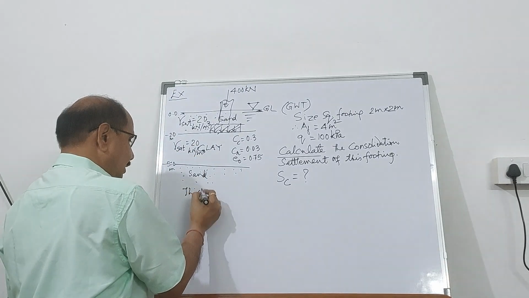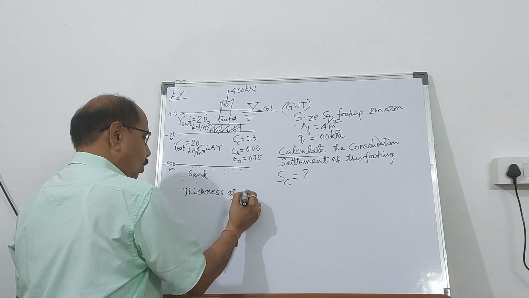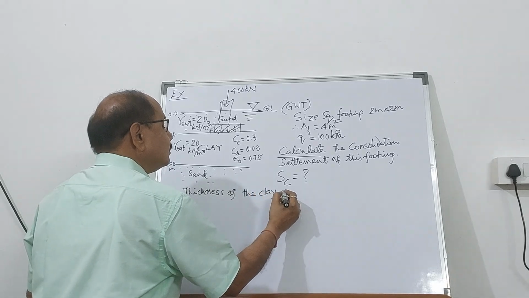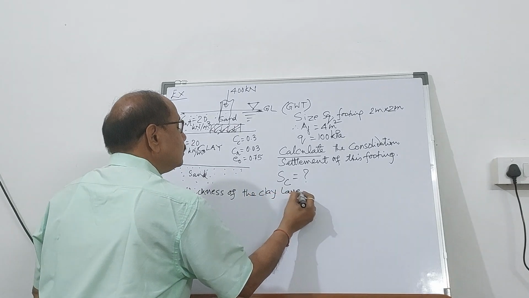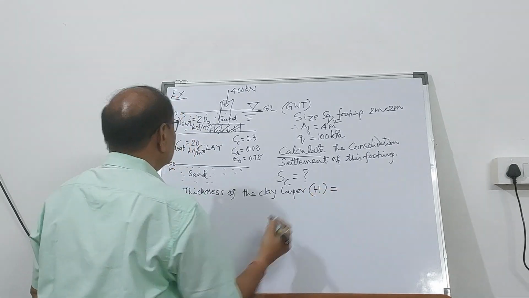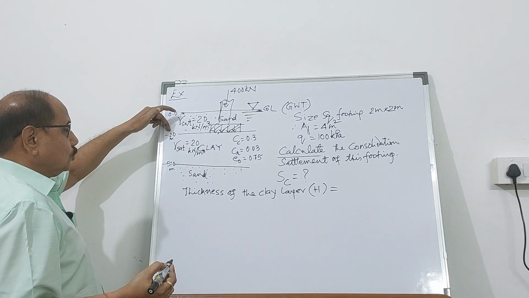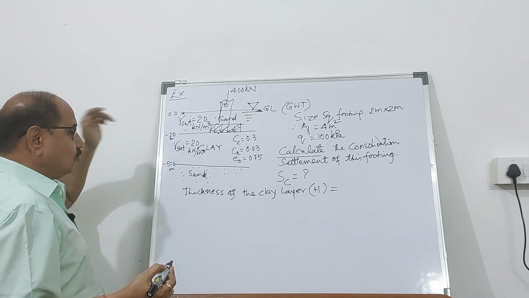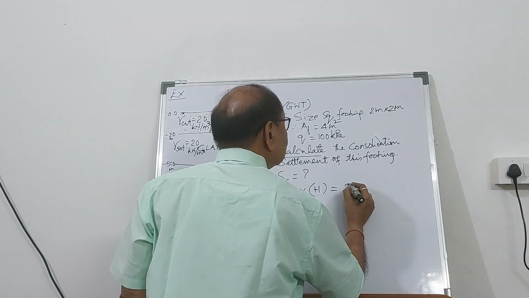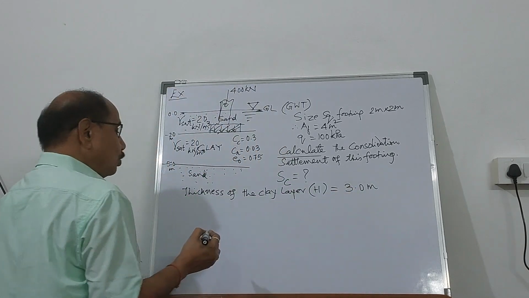Calculate the thickness of the clay layer. If you see, it is from 2 meter down to 5 meter. So 5 minus 2, 3 meter is the total thickness of the clay layer.